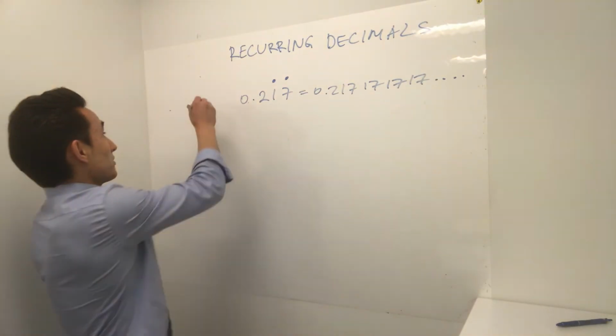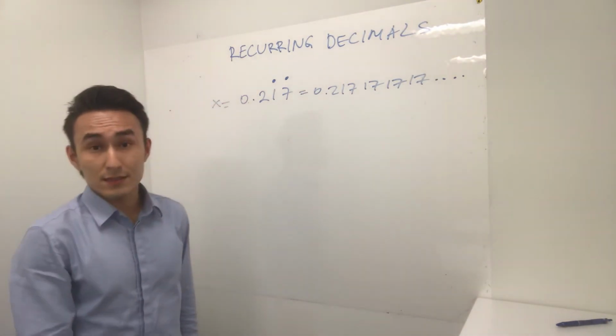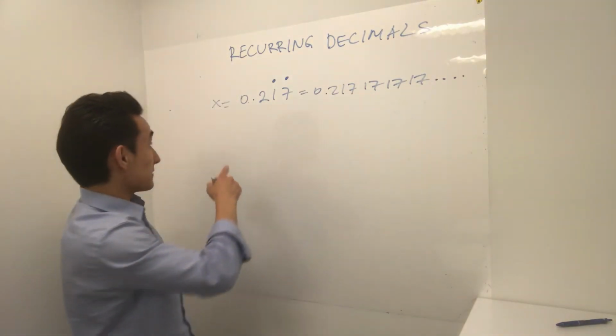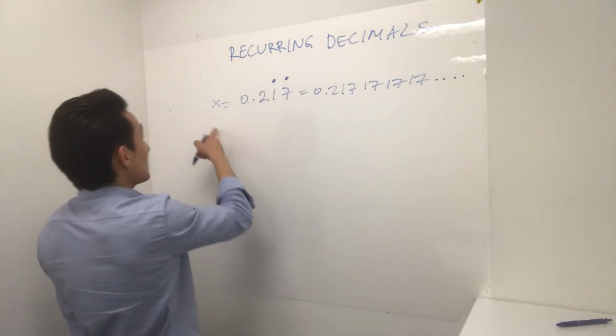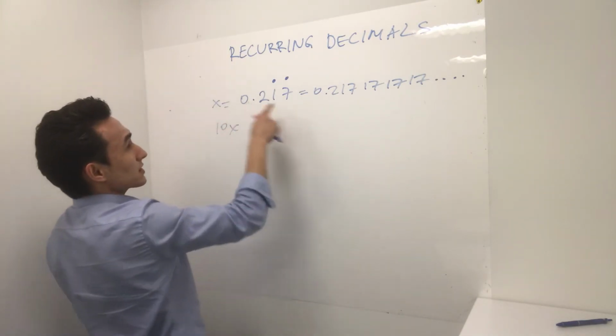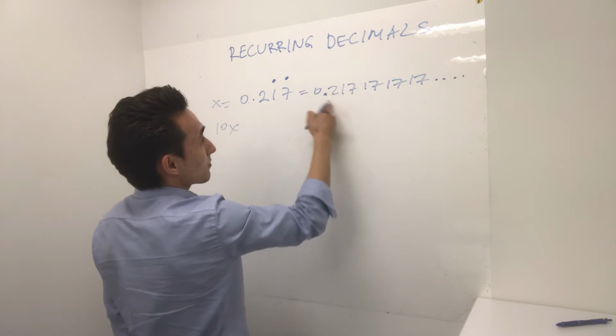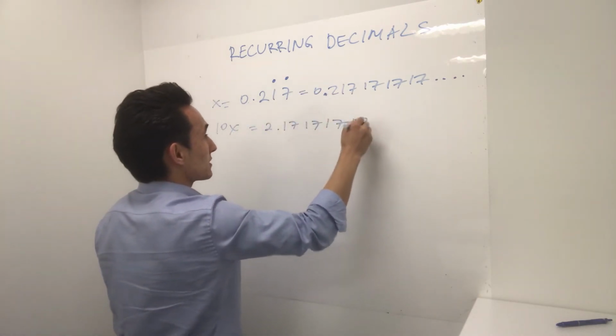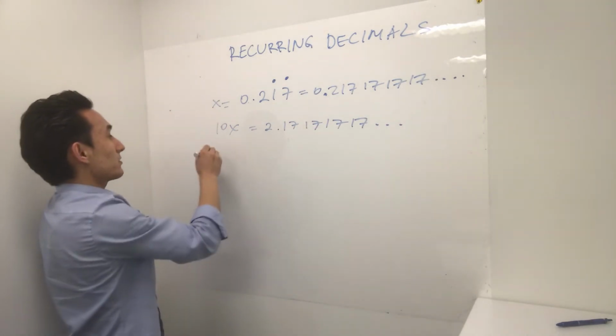As usual, we call this number x, and then multiply by 10, by 100, by 1000, and you'll see why in a second. So 10x, we move the decimal point to the right by 1 place, so it becomes 2.17171717, and so on. How about 100x?